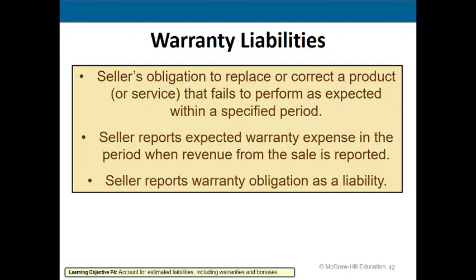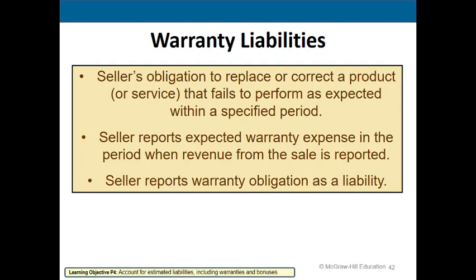This comes about due to the obligation to replace or correct a product that fails to perform as expected within a specified period. When a seller sells a product, it's very common for them to offer a 1-year product warranty. And if anything goes wrong with the product within that 1-year period from purchase, the buyer can either have it repaired or replaced.